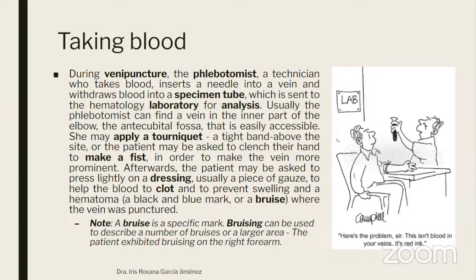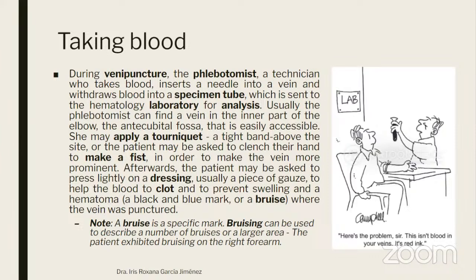She may apply a tourniquet, a tight band above the site, or the patient may be asked to clench their hands to make a fist in order to make the vein more prominent, okay? Afterwards, the patient may be asked to press lightly on a dressing, usually a piece of gauze, to help the blood to clot and to prevent swelling and hematoma.